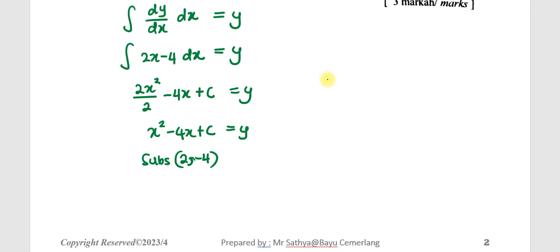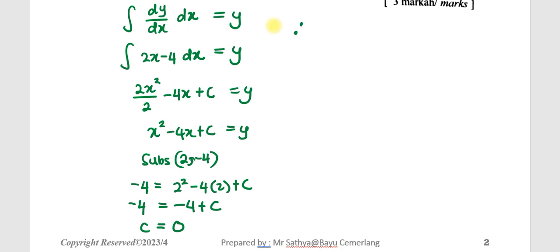Okay, so your negative 4 is equal to 2 square minus 4 times 2 plus c. Okay, solving this. 4 minus 8. 4 minus 8 is negative 4 plus c. Okay, so the c should be 0. The c should be 0.